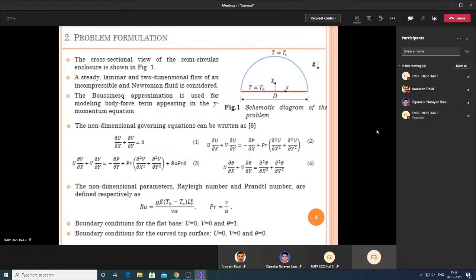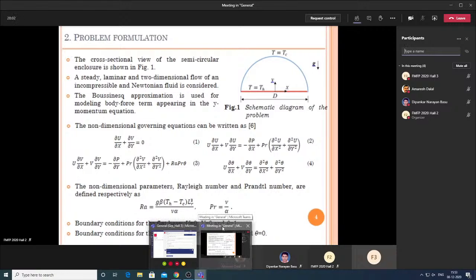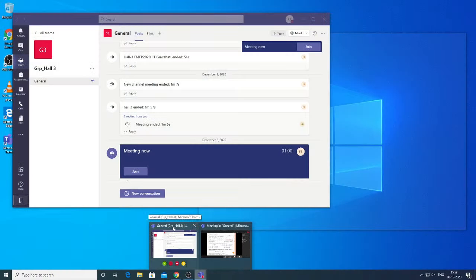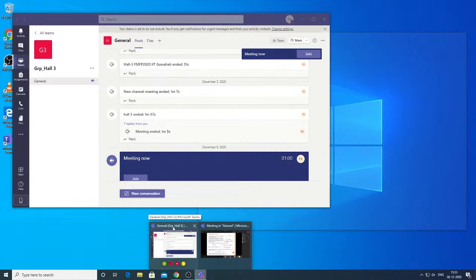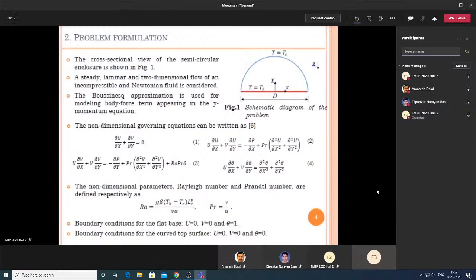Further, the study presents the problem formulation. Figure 1 presents the schematic diagram of the problem. There is a semicircular enclosure, the bottom flat surface of the enclosure is heated and the top surface is cooled, as shown in the figure, and the gravity vector is from top to bottom. We assume a steady laminar two-dimensional flow of an incompressible Newtonian fluid, and we apply the Boussinesq approximation.